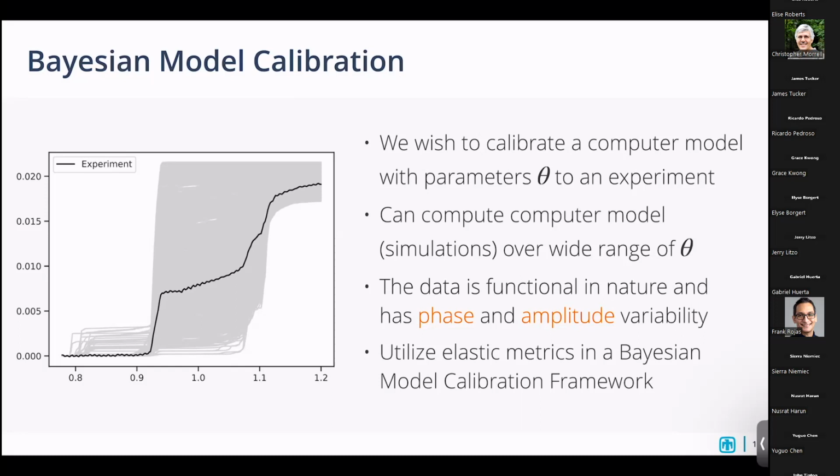In the figure on the left, the black curve is the experiment, from some flyer plate experiments done at Los Alamos. The gray set of curves is a set of simulations computed from this computer model. You can see that these curves have variability in both the amplitude and the timing. So we want to utilize these elastic metrics, these proper distances, in a Bayesian model calibration framework.